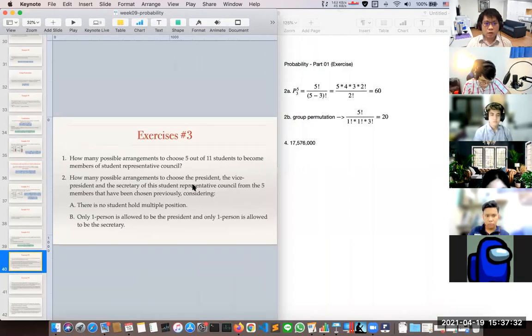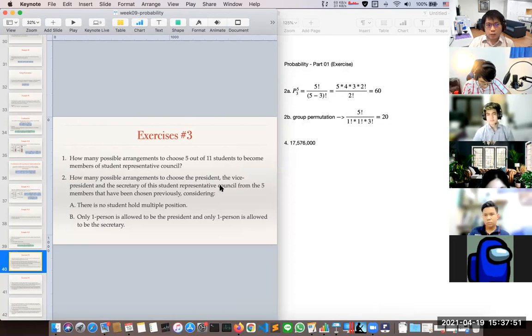Okay, yeah. For 2A, remember, we already have 5 students of the members. We need to put these 5 students into their corresponding positions, such as president, vice president, and also secretary.